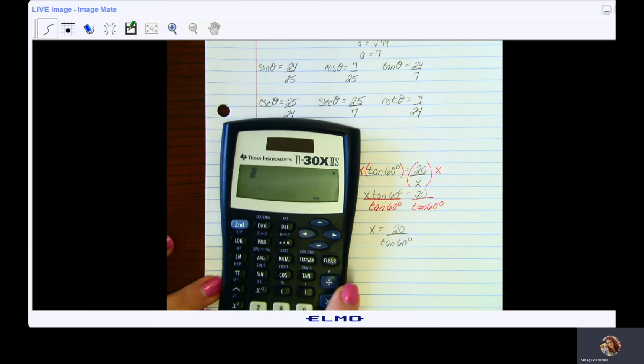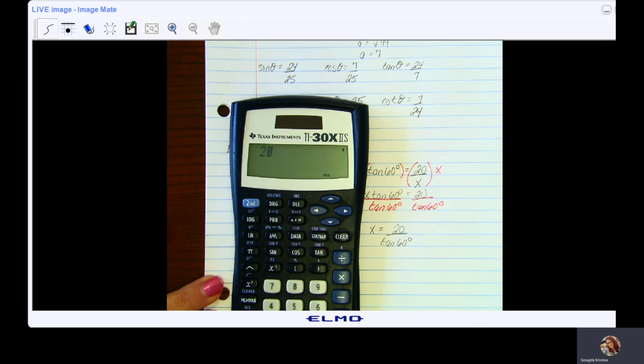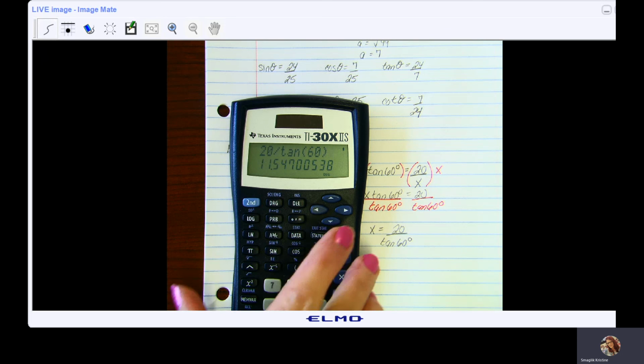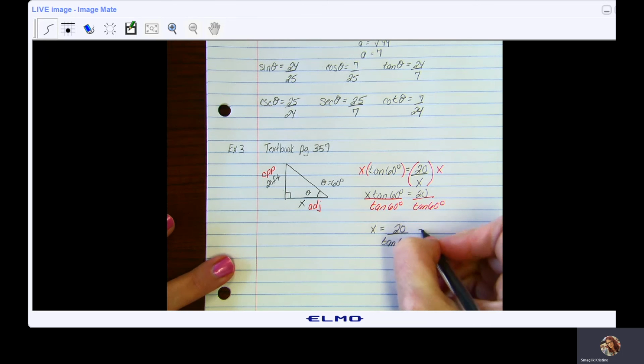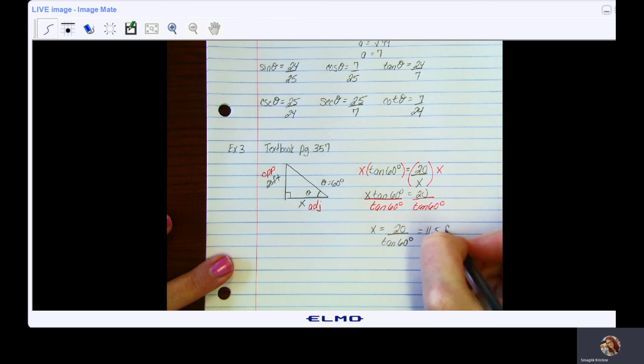So for this, I'm literally just going to pop in 20 divided by tangent, it starts a parenthesis, I'm going to put 60 in, close the parenthesis, equals, and we'll round this to the nearest tenth. So we are going to call this 11.5, don't forget units, feet. So this is 11.5 feet. That is the length of our shadow.